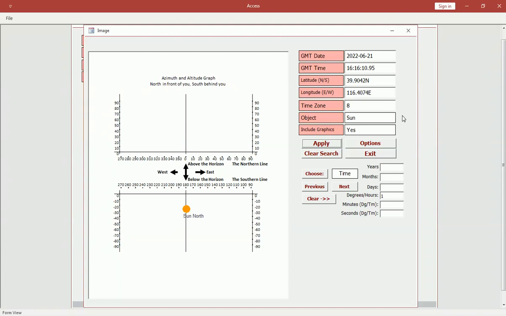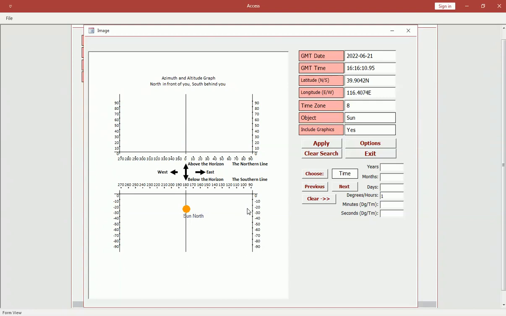So the sun at this specific location, at this specific date, at midnight, is exactly to the north of this location with an altitude of minus 20 degrees, which is below the horizon.